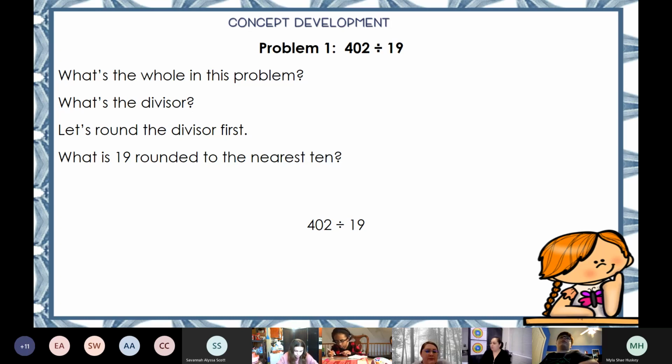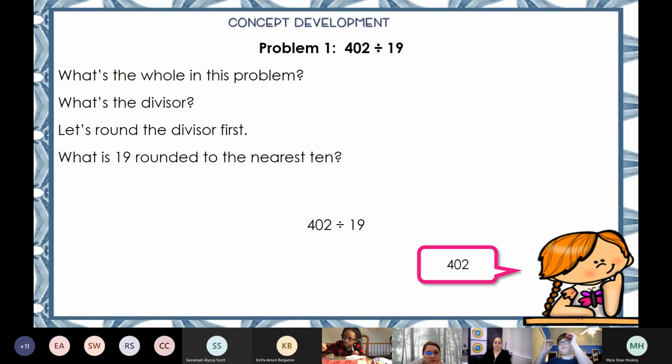Kaifa, which one of these is my whole number? 402. Very good. And then what would my divisor be? Savannah Scott, what is my divisor in this problem? 19. 19, perfect. Yes, our divisor is 19.